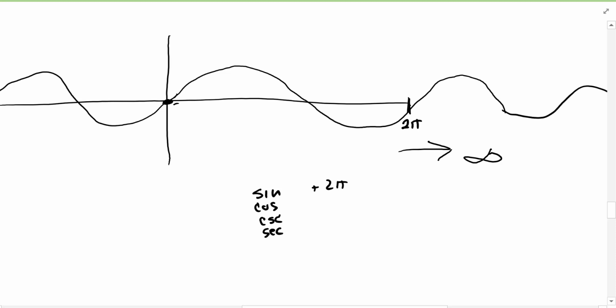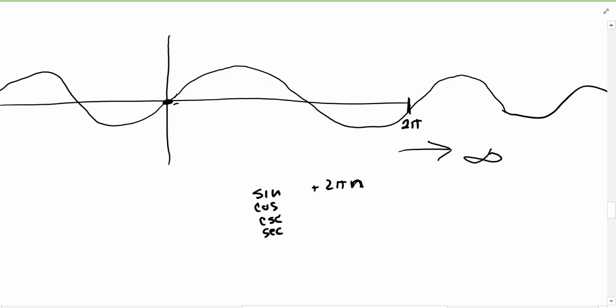You'd have to have 4 pi, then 6 pi, then 8 pi. So you add a k or an n, it doesn't matter. That n or the k represents how many times, and that could be infinity.